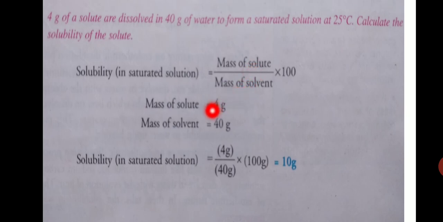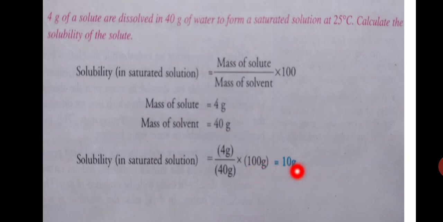We substitute the values in the equation, that is 4 divided by 40 into 100. What we get is the specified quantity.